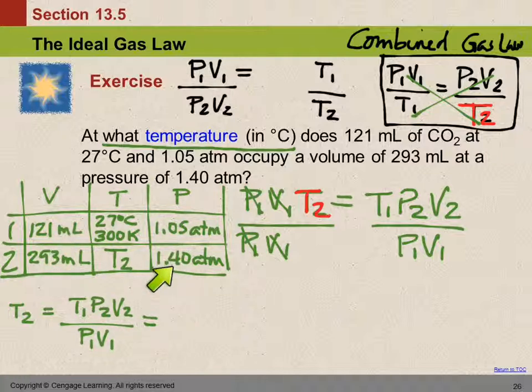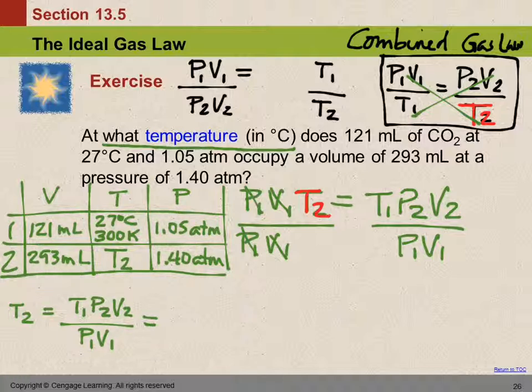Our pressures just need to have the same unit. We've got atmospheres and atmospheres, we're good. If this first one was in torr, then we'd have a problem, and we'd need to convert one pressure unit so that they're both the same. So it can save you a little grief to just check your units.